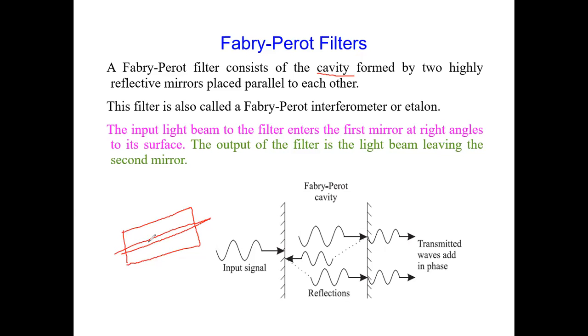This is the fiber which is passing through this particular section. I call it the laser source. Here, as the light is passing through this laser, the intensity is increasing. And this is the cavity that is formed inside. So as the input signal crosses this cavity, there is amplification.